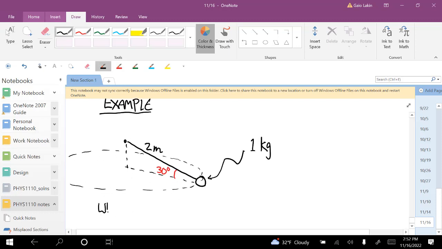We want to know the tension in the cable, T, and the speed that the thing is moving.